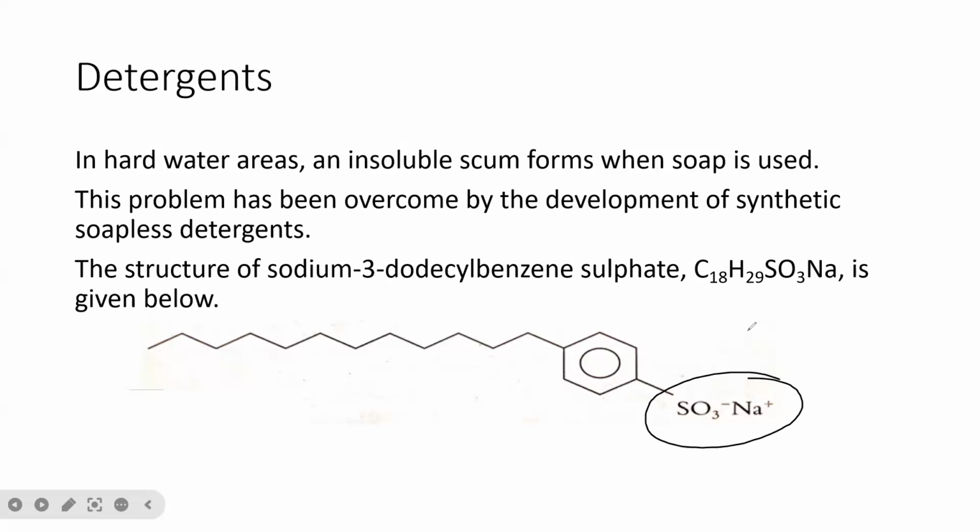Now, there are some textbooks that will show you that the detergent molecule has this structure, OSO3 minus Na plus. It is still correct. It is just different types of detergents, for different reasons and different features, which is not exactly why we are studying detergent today.